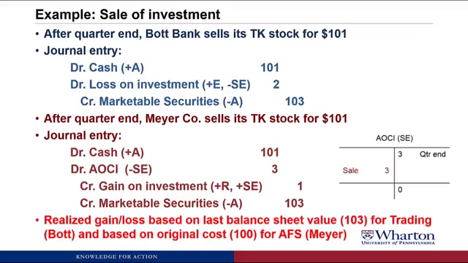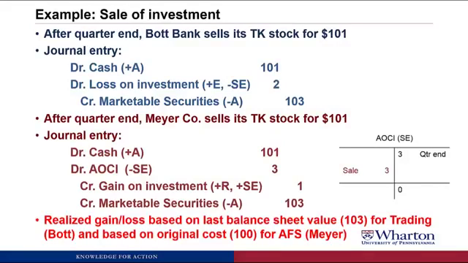So notice that the realized gain or loss for trading securities for Bought is based on the last balance sheet value. So relative to the value of 103 at the last quarter end, you lost 2 on your investment. But for Meyer, the gain or loss is based on the original cost. You bought it at 100, you sold it at 101, you actually got a gain of 1. So this is a fundamental difference between the two methods.